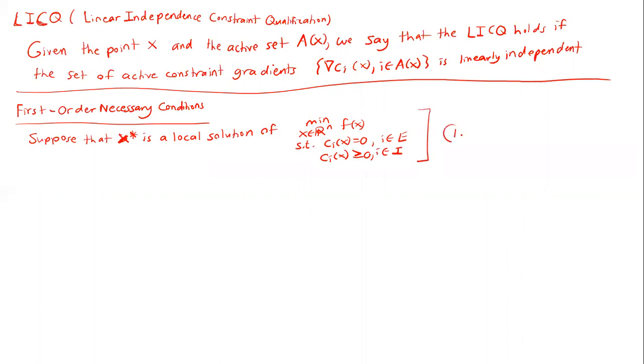I'm going to call this problem 1. So suppose that X star is a local solution of 1.